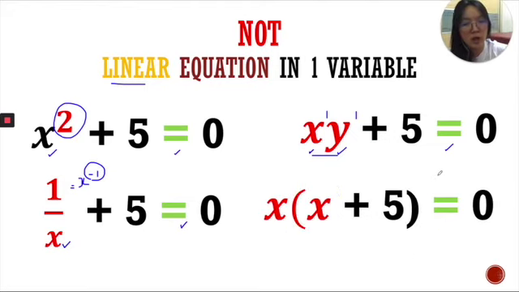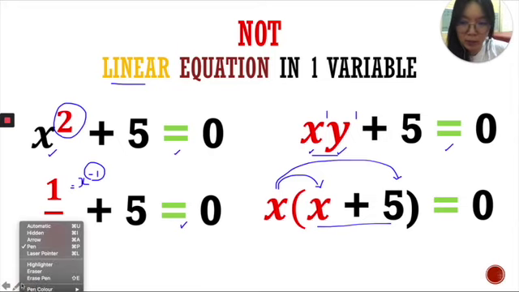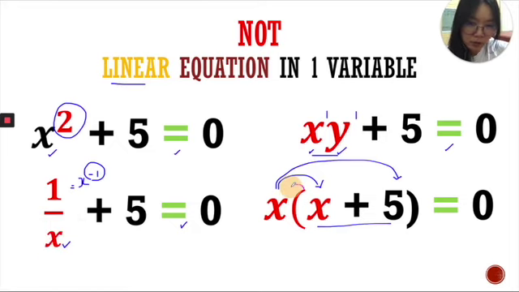Last one. I have x bracket x plus 5 bracket equals 0. How, teacher? With this, you have to distribute the x inside here. So first, do whatever is in the bracket. No, you can't simplify. So next, break the bracket. Break the bracket by checking the sign. The sign here is, there is no minus. So I can just take this away, but be very careful.